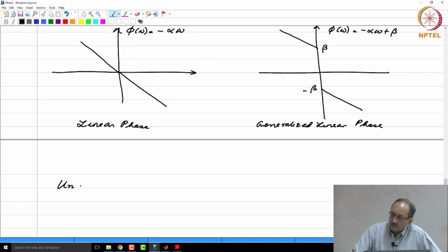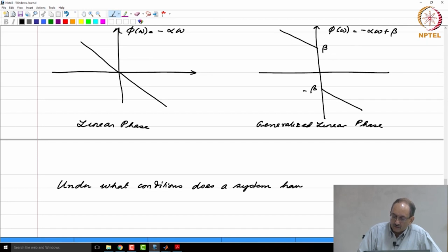So, we ask the question, under what conditions does a system have linear phase? So, this is the question that we ask.